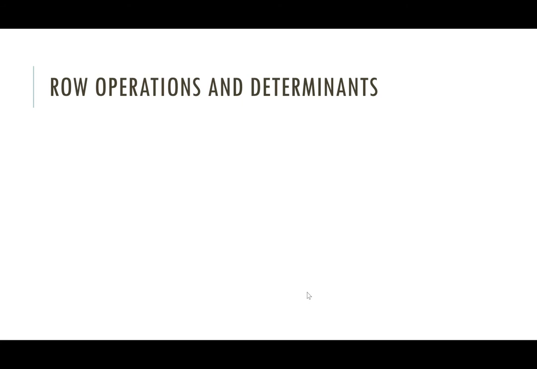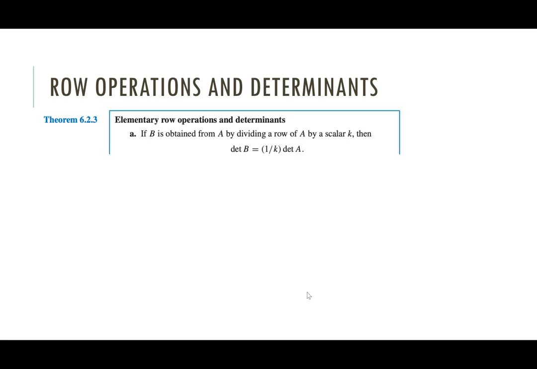Let's see how row operations act with determinants. This is going to be really important. So, all right. If matrix B is obtained from matrix A by dividing a row of A by a scalar k, then the determinant of B is 1 over k times the determinant of A. So first, this is just saying one of our elementary row operations is to multiply or divide a row by a scalar.